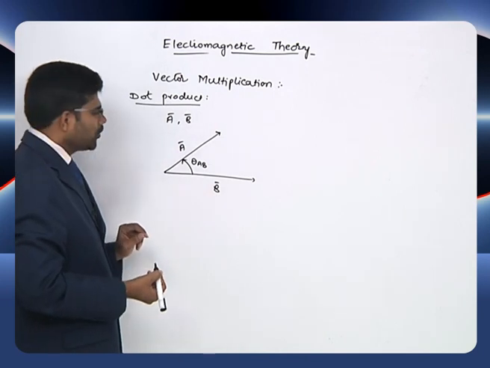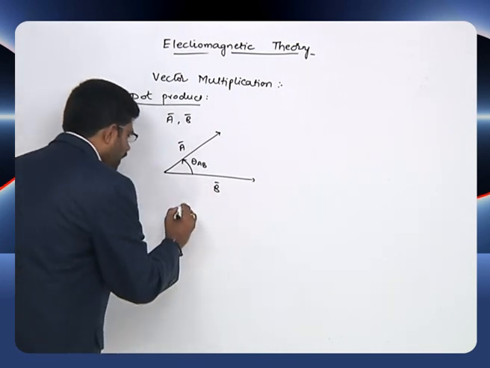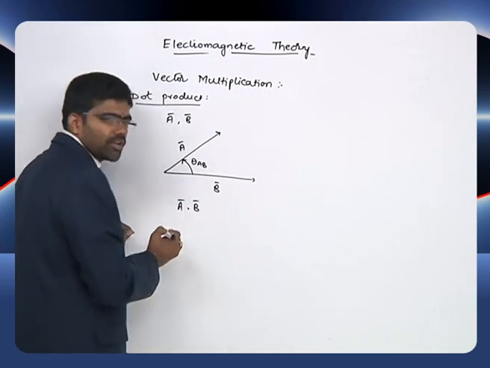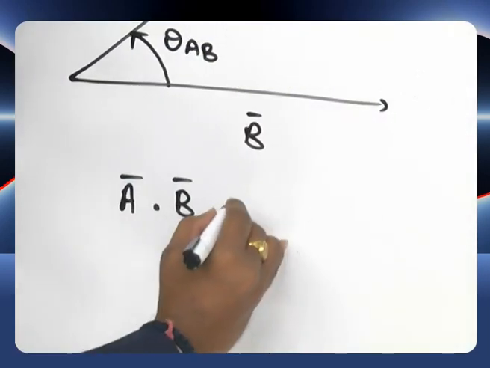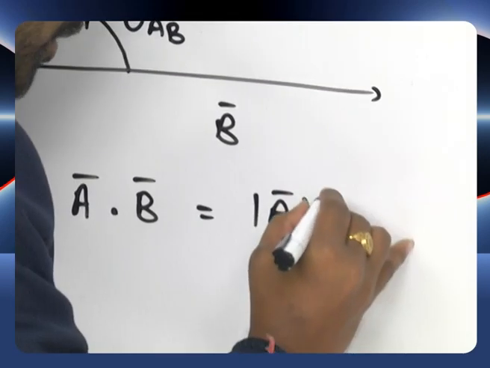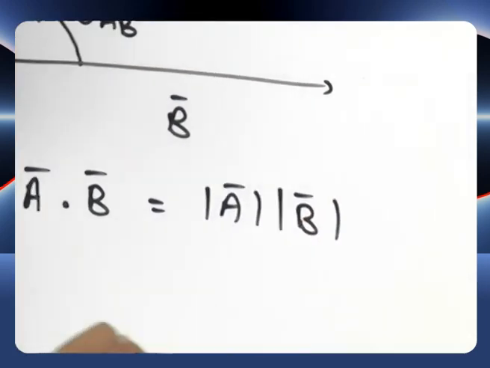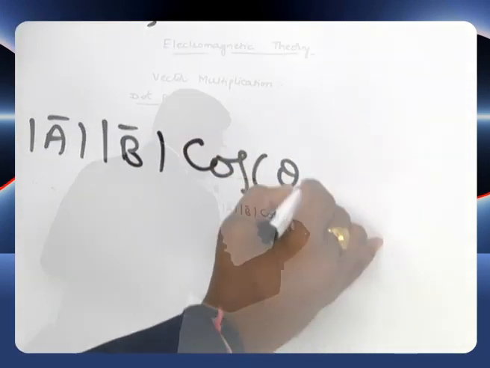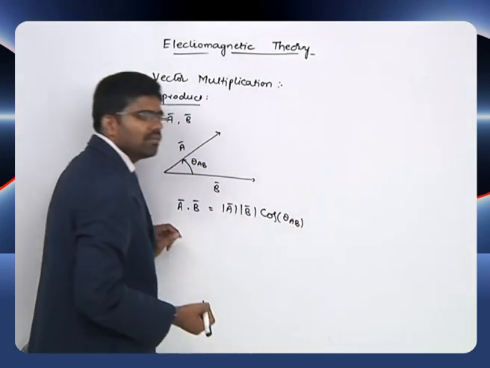Then the dot product between these two is defined as a bar dot b bar. The notation for the dot product is a simple dot. A bar dot b bar equals the magnitude of a bar multiplied with the magnitude of b bar and cos of the angle between those two, that is cos theta AB.